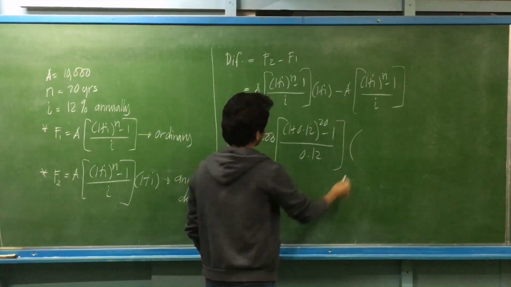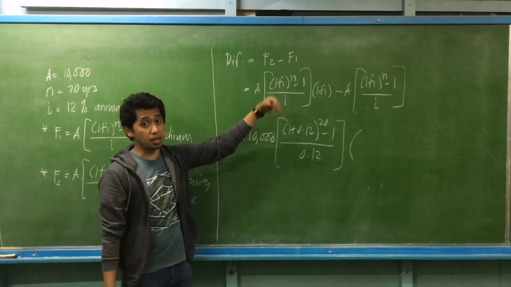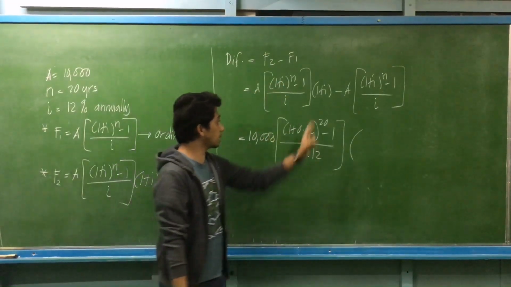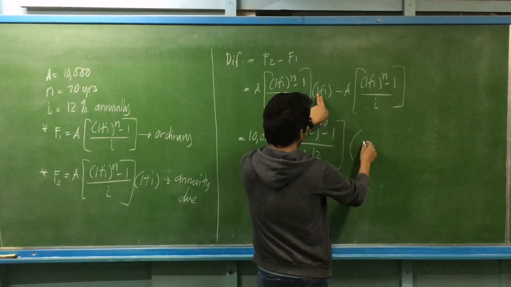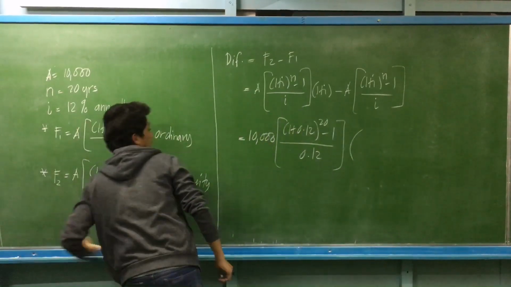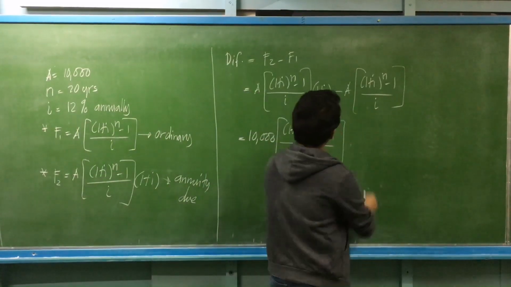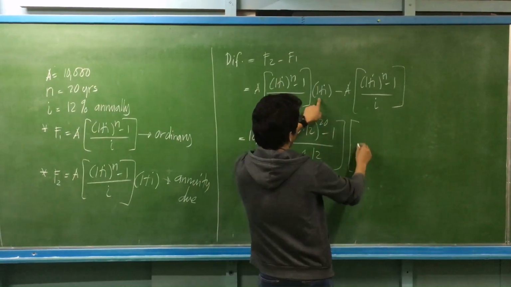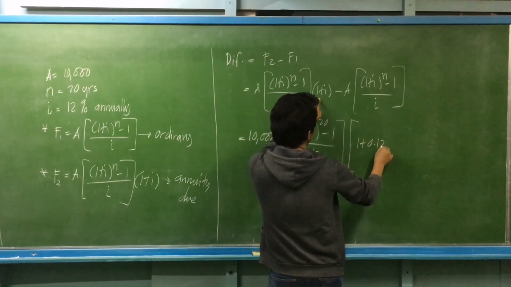Okay, so pinactor out ko yung term na to, yung A, (1 plus i) raised to n minus 1 over i. Ang matitira na term is 1 plus i, 0.12.